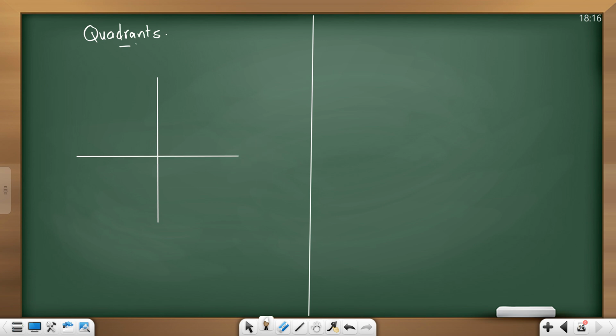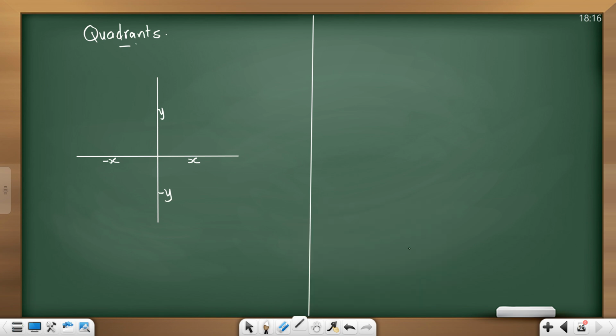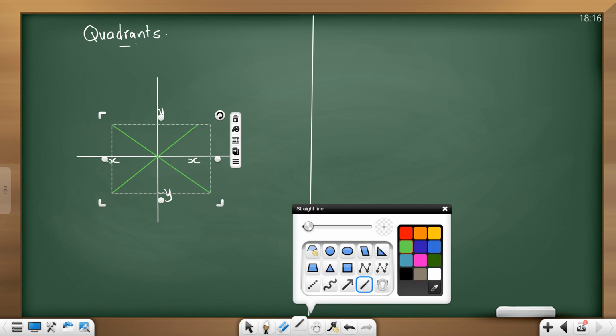We have a Cartesian plane, a positive x, a negative x, a positive y, and a negative y. That is what is important in terms of the Cartesian plane. And then each Cartesian quadrant has a right angle triangle involved in it.